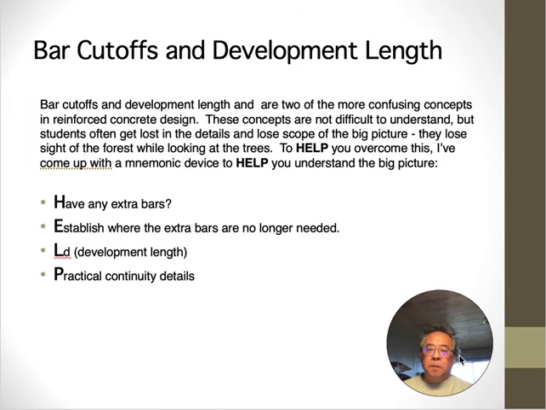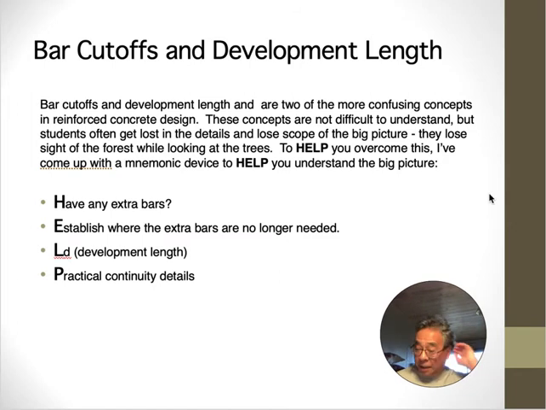If you try to tell somebody that hasn't had this class from me about it, you have to explain what you're talking about. It's H.E.L.P, and it's have any extra bars. If it was just extra bars, it wouldn't spell anything. So: have any extra bars.